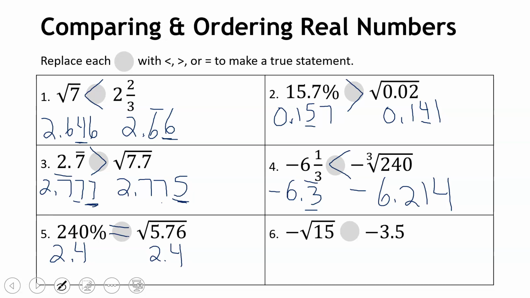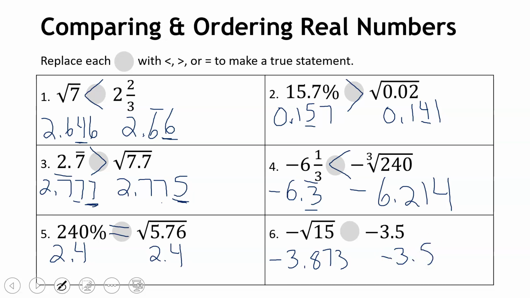Number 6, we're dealing with negative numbers again. The square root of 15, so we're going to have a negative sign here, is approximately 3.873. If you look at your problem before you do the rounding, we know that we're comparing that to negative 3.5.